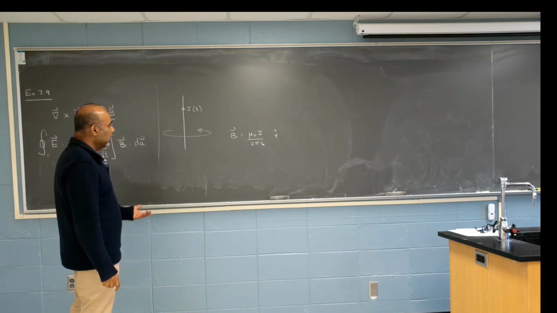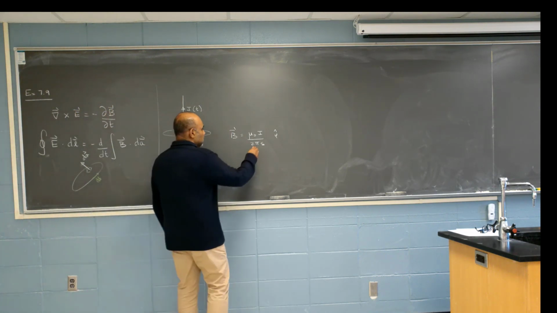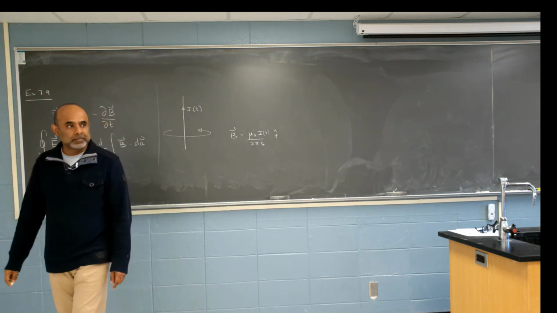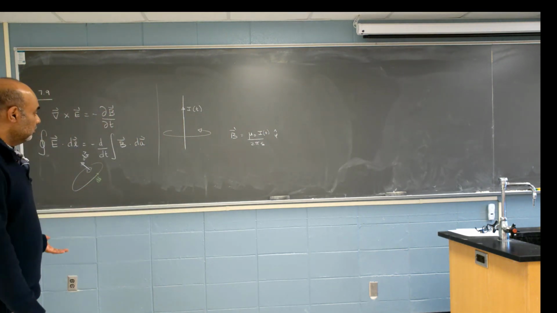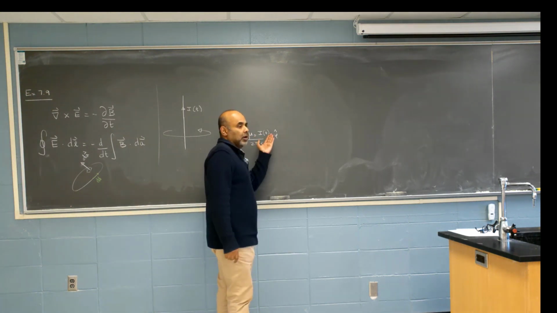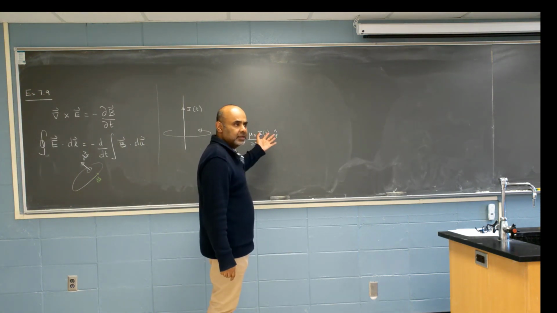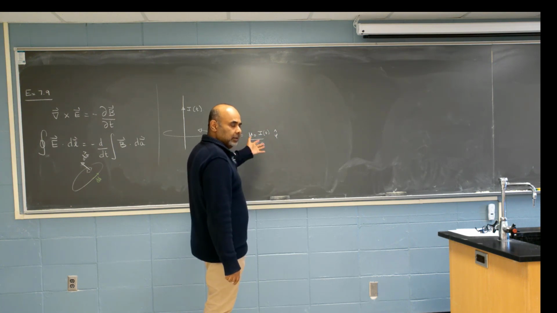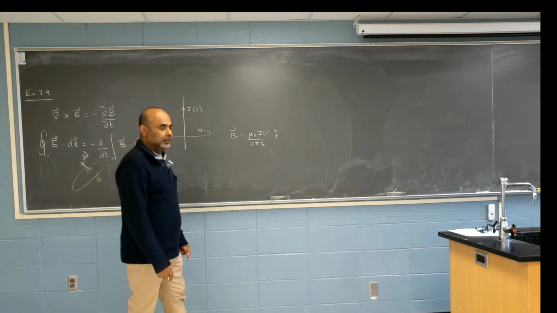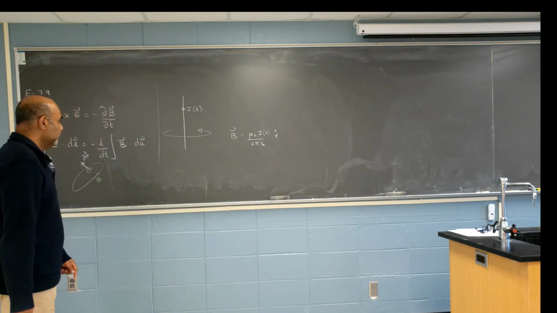And the quasi-static approximation simply says this is a function of t. So we'll just assume that the change of current in time is not so fast that we can't use this approximation. This continues to be the expression for B.